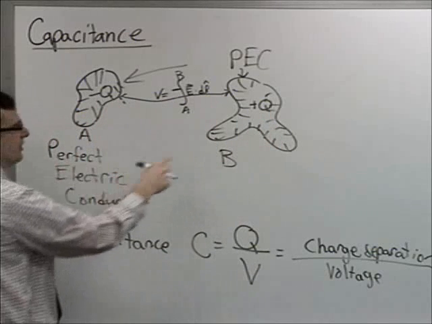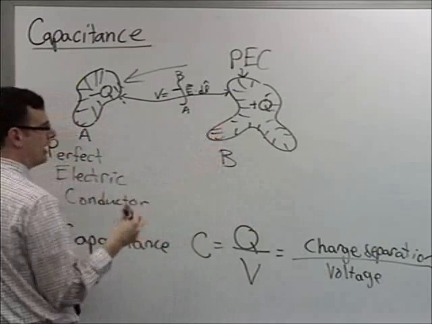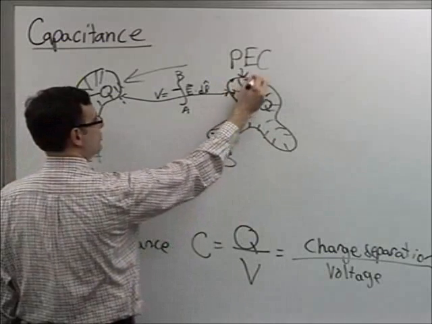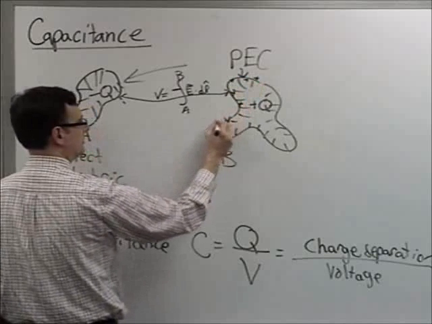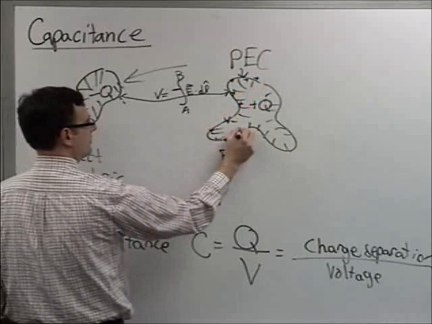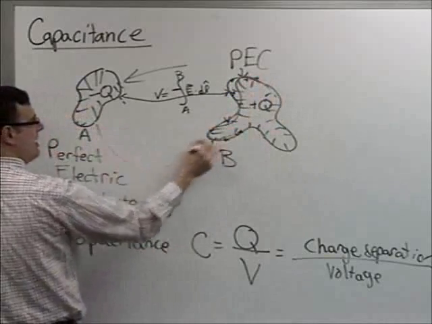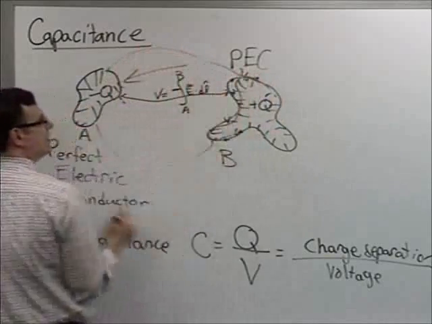Of course, if these are perfect electric conductors, what will actually happen is that the positive charges will migrate to the edge, because you can't have E field inside the conductors. And all of this will be basically at the same potential. So it wouldn't really matter where you took your path integral of electric field.